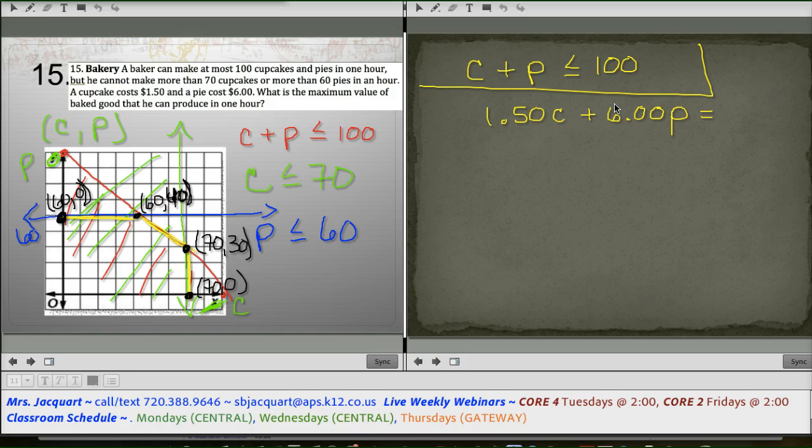If we have 60 cupcakes, wait, that one's, I wrote them wrong. Over here, I wrote it wrong. 0, 60.